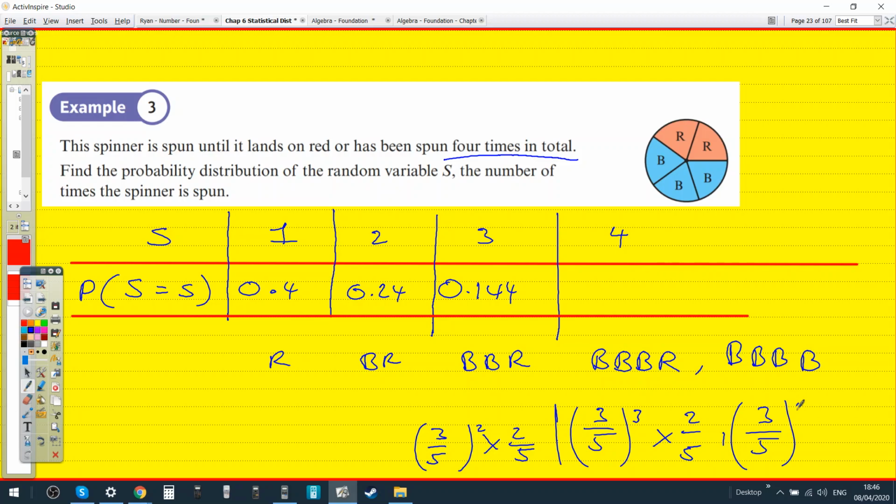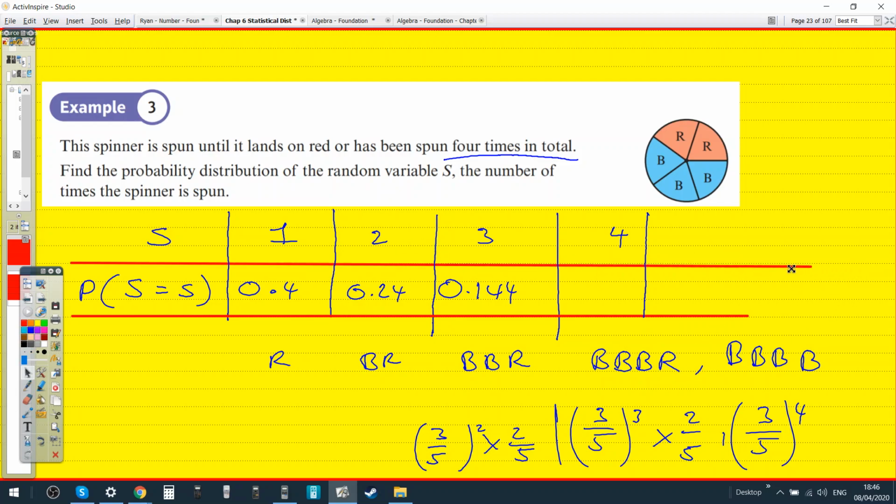And so how do we get the final probability? What do you mean the final probability? That it's spun 4 times. You gave me 2 probabilities.